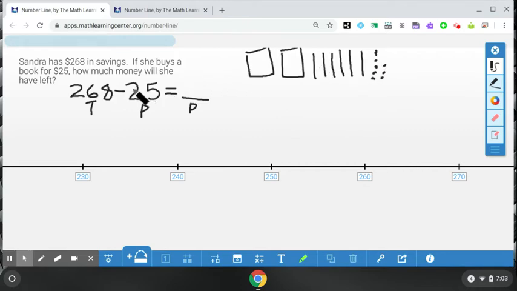We have to take away 25. And that's where I want to take a look at what that would look like on our number line.